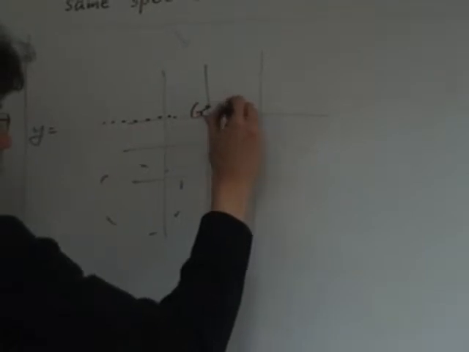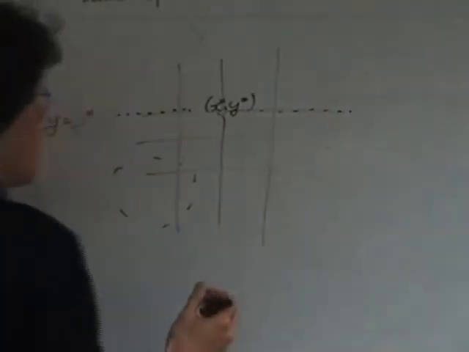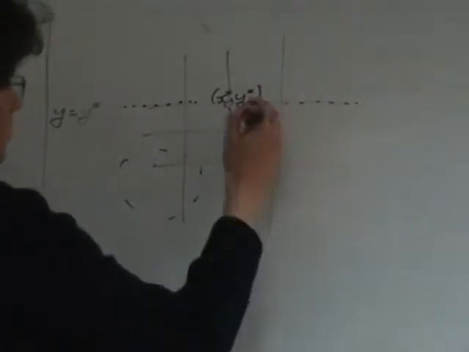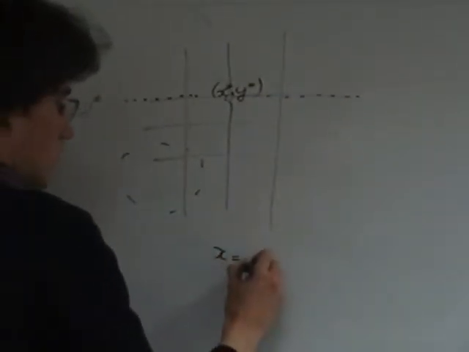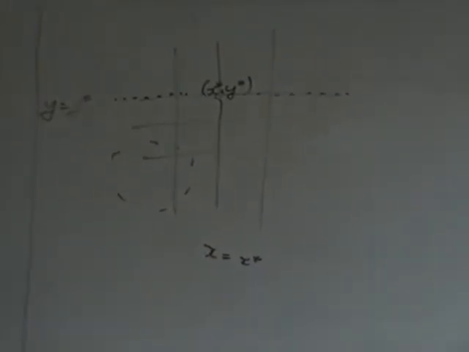This will be the point (x star, y star). You first of all move all points to the line y equals y star, and then on this line you move all points to the point x equals x star, which is this line here.